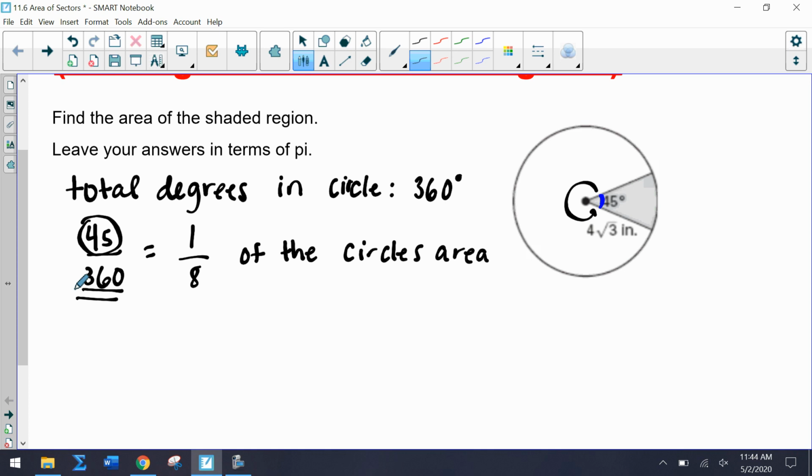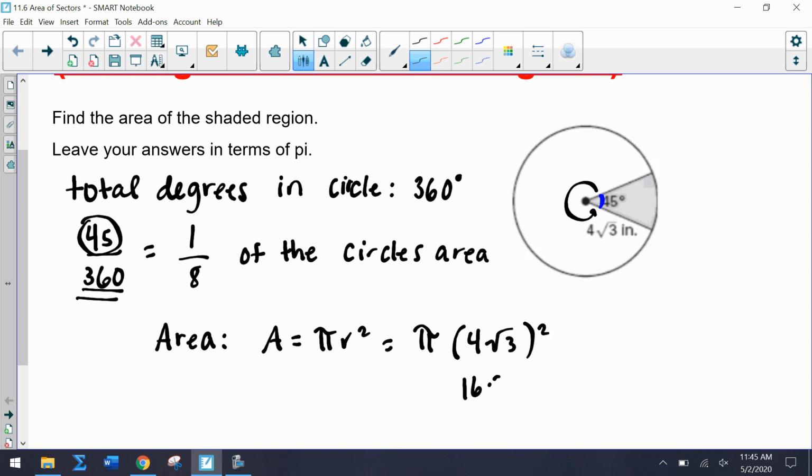So if we find the area of the whole circle, we know pi r squared is the formula. So pi and then r is 4 root 3 squared. So we end up with 16 times 3, which is 48 pi units squared.